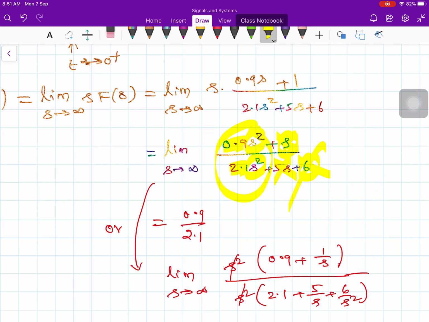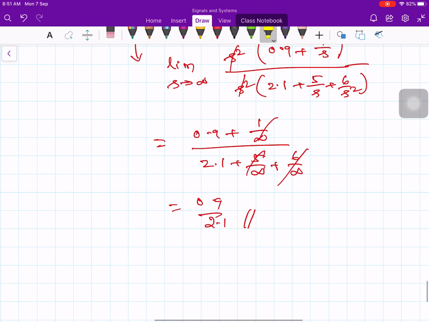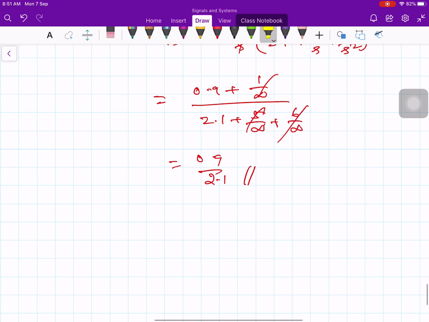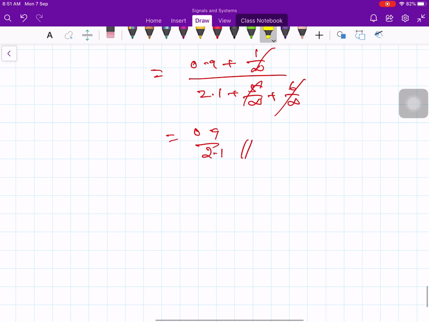Therefore, the initial value theorem enables us to find the initial value at t equals 0+ of a function of time from its Laplace transform without having to go through the ordeal of finding x(t). No need to find x(t).